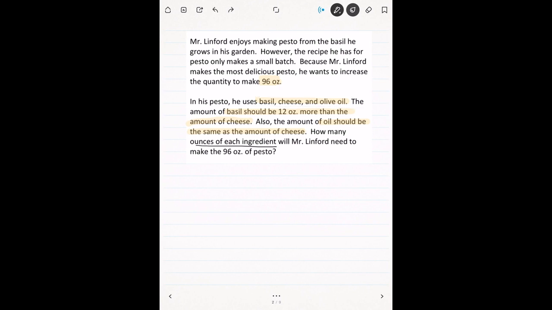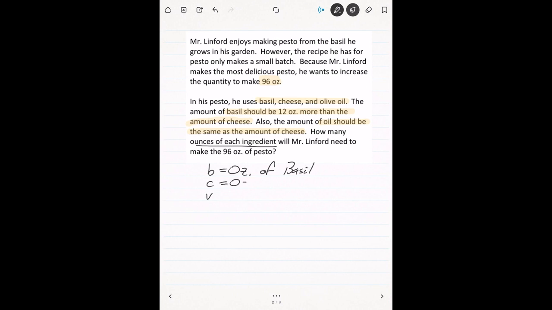So let's define those as our variables. We're going to say B, C, and we'll say V here. B is the ounces of basil.